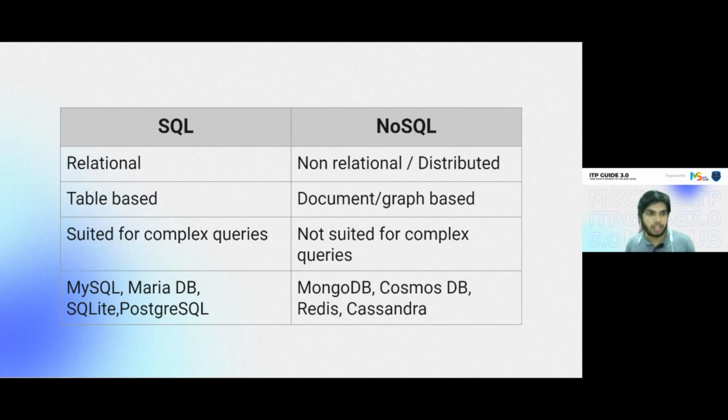Keep that in mind as well when you're choosing your database system. And when it comes to examples for SQL, you have MySQL, MariaDB, SQLite, and Postgres. And on the other hand, for NoSQL, you have MongoDB, which you've heard of earlier from the MERN stack, and you have Cosmos DB, Redis, and Cassandra.